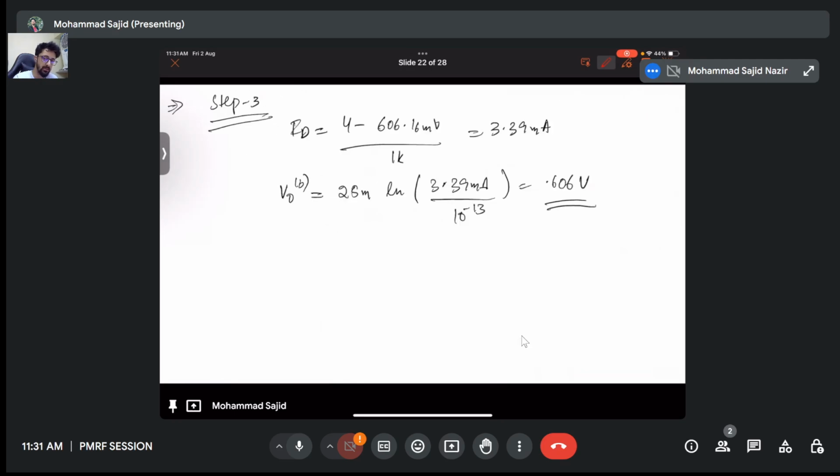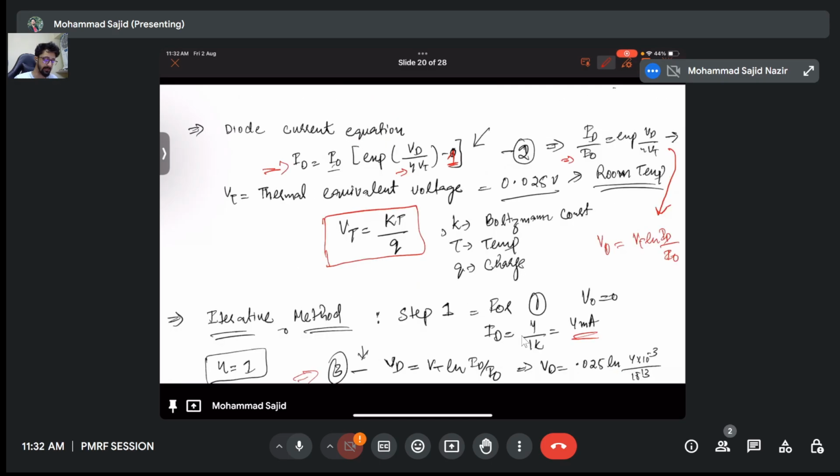Again, step 3, repeat: ID is 4 minus 606.16 millivolt by 1k, you will get 3.39. Now you calculate V naught, which comes out to be 606 millivolt, or 0.606 volt. So this is how you do it using an iteration method.